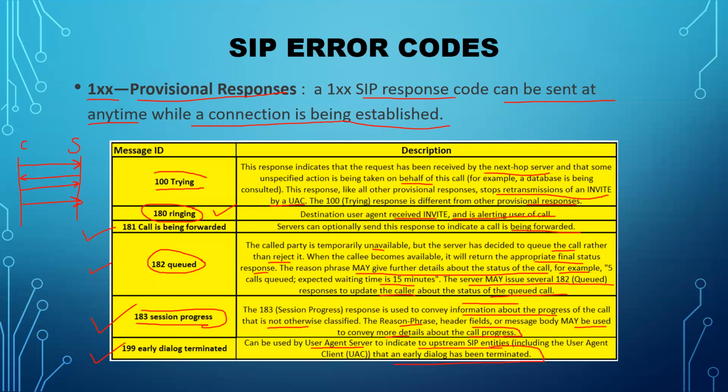If there is an early dialog, the user agent server indicates to the client that the early dialog has been terminated, and at that point of time you will get the 199 Early Dialog Terminated message, right? So I hope these 1xx provisional responses are clear to you, right?